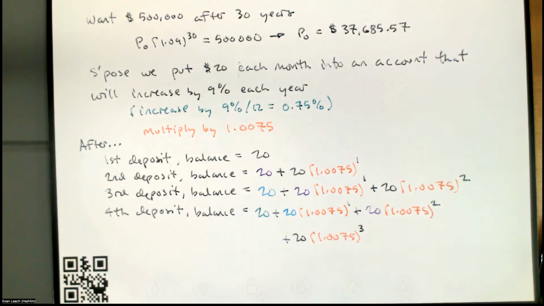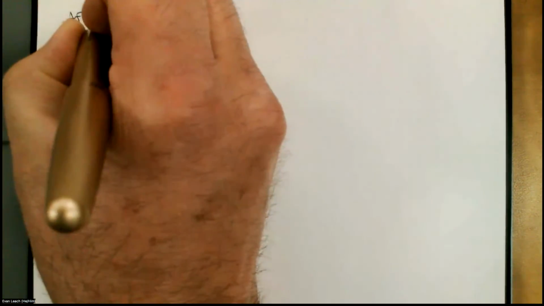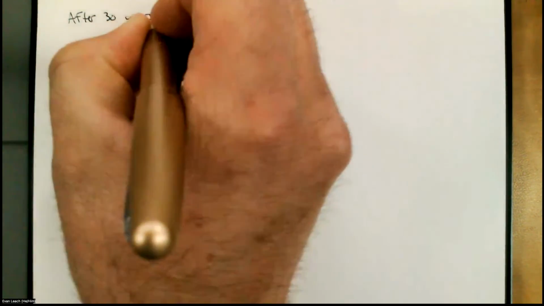The coefficient is always 20, and the base, what was the x before, is 1.0075. It's a good thing that we can summarize this, because after 30 years, that's going to be 360 deposits since we're doing this monthly.